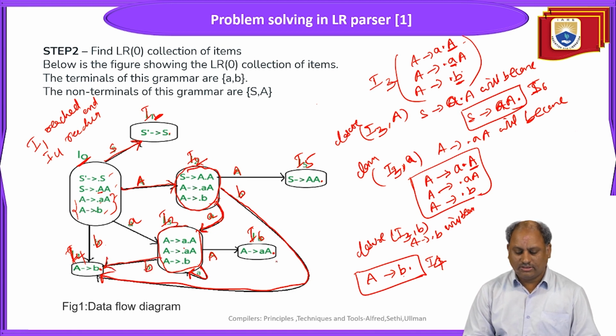In this way all the states end up with the dot symbol at the end: I1, I2, I3, I4, I5, I6, all the states are reached that level.